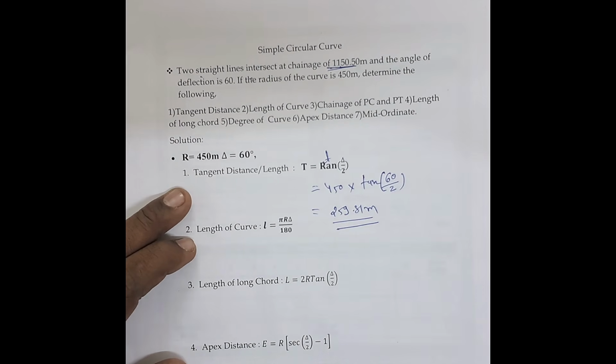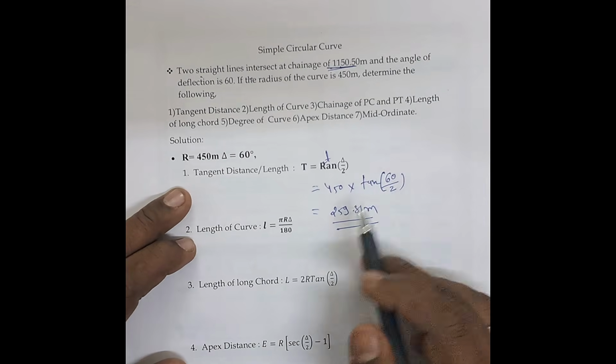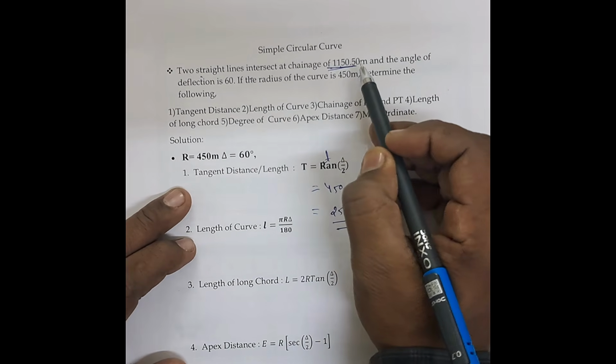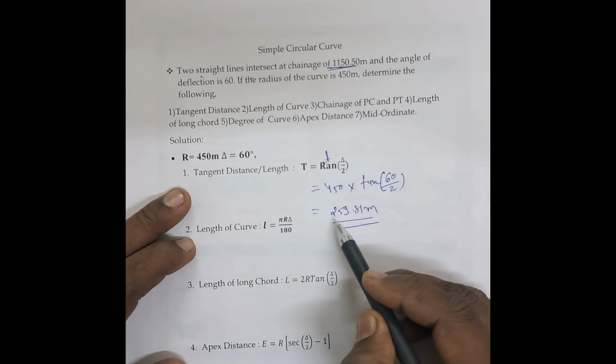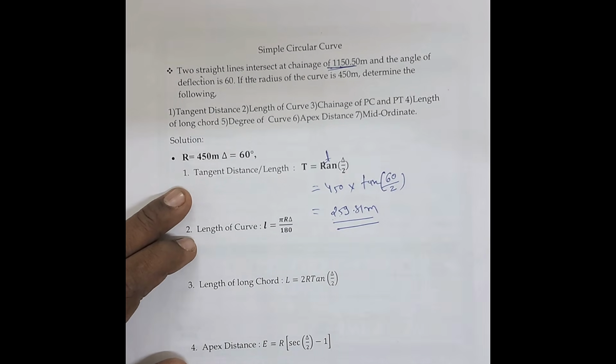That is the back tangent and the forward tangent. There are a total of two tangents. If we consider the back tangent, that is your PC. So from 1150.5, from that point 259.81 meter, our curve just begins. That is the starting point of the curve.